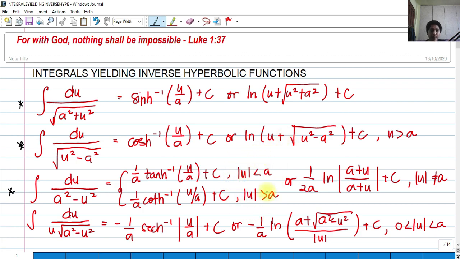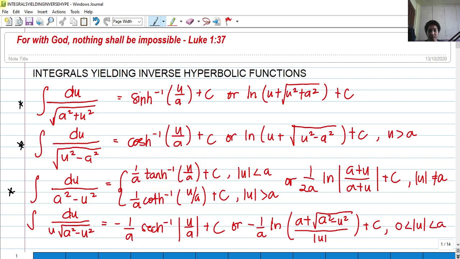So it could yield either inverse hyperbolic tangent or inverse hyperbolic cotangent, given that if the absolute value of u is less than a, we can use the inverse hyperbolic tangent. And if it is greater than a, then we're going to use inverse hyperbolic cotangent.